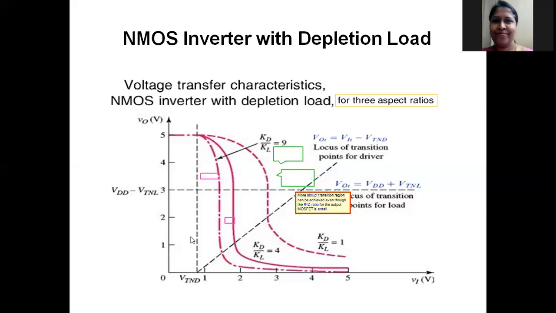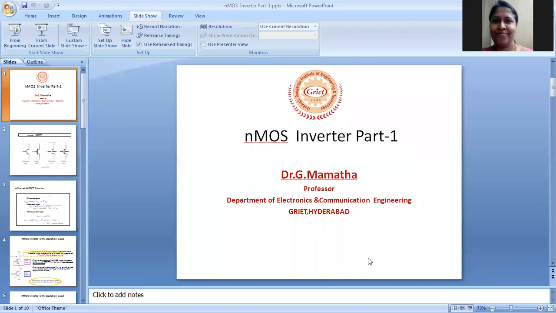So in other words, if you vary the W by L ratio for increasing value, the curve moves towards left. For decreasing value, the curve moves towards right. That's about NMOS inverter part 1.